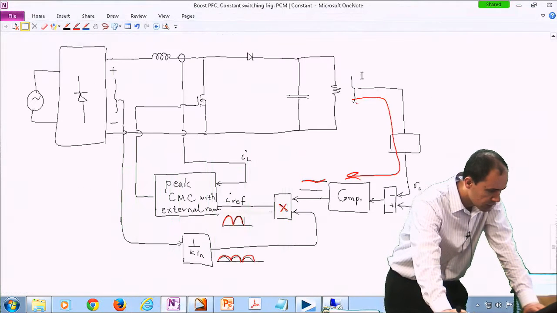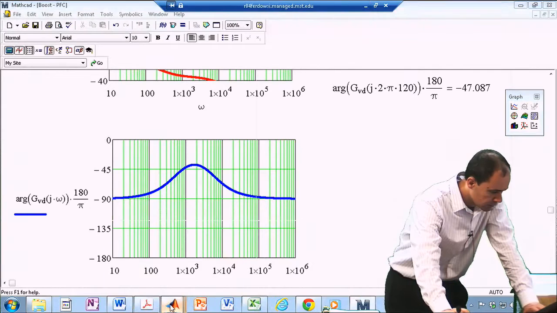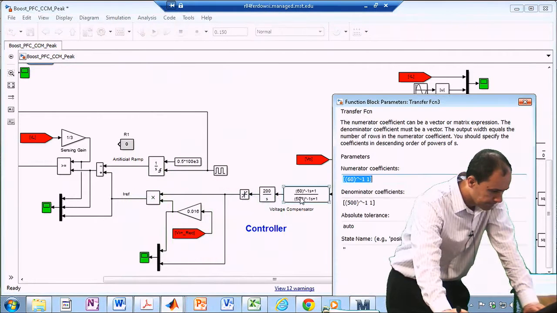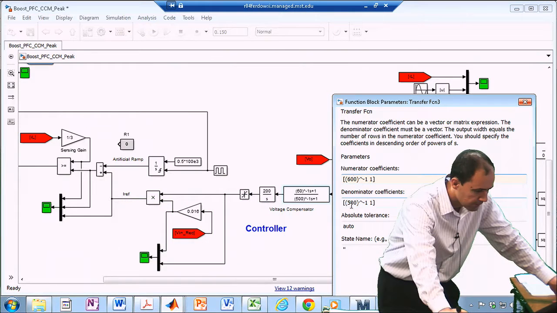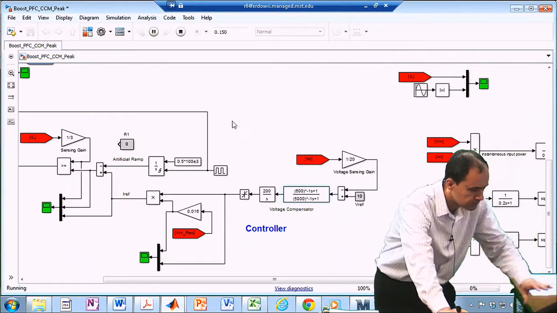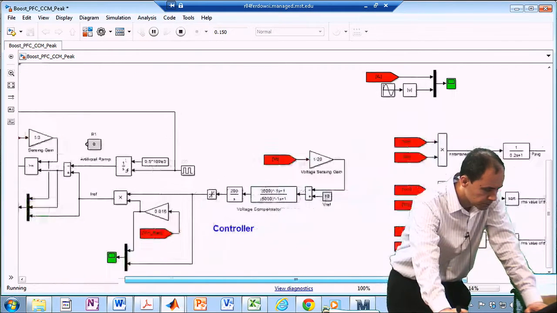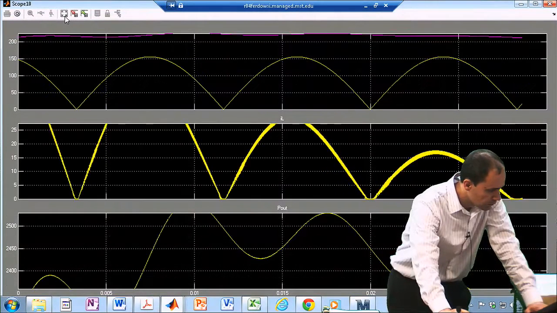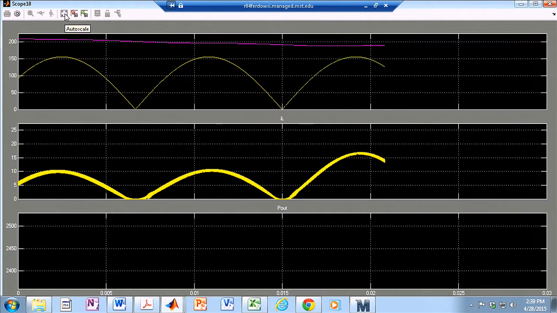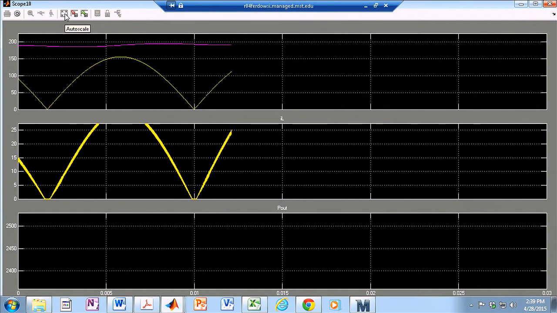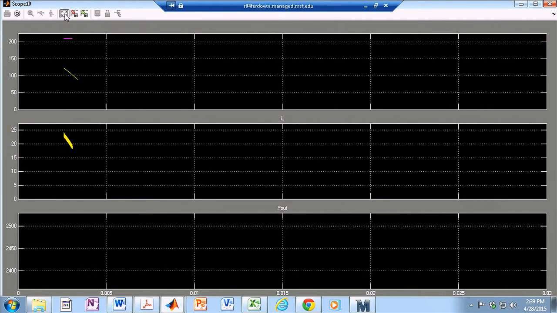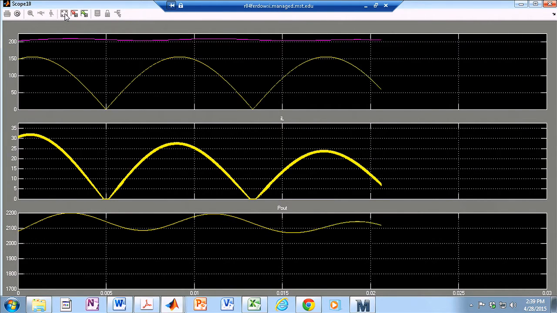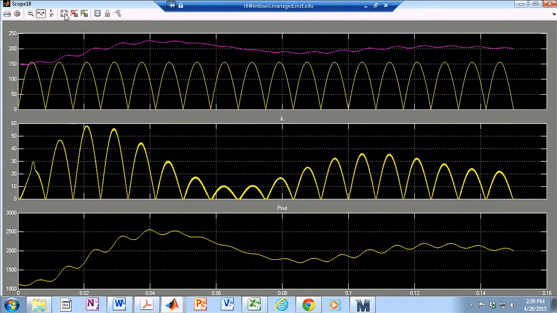Okay, and let's take a look at the results. Oh, come on. You can see that the system is having a hard time settling down.